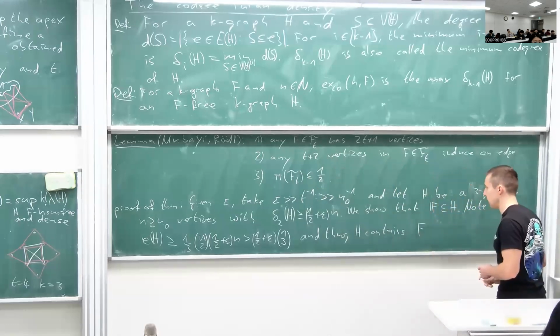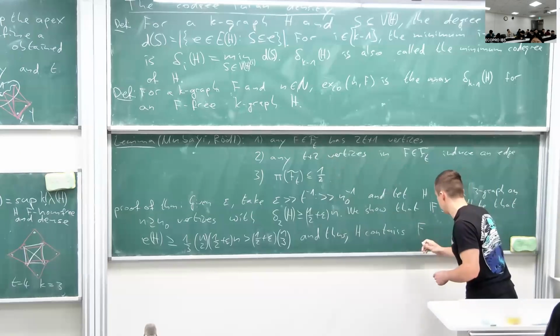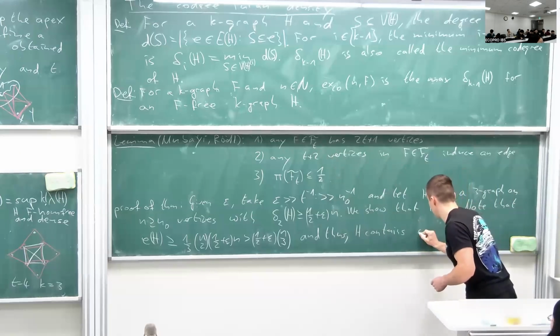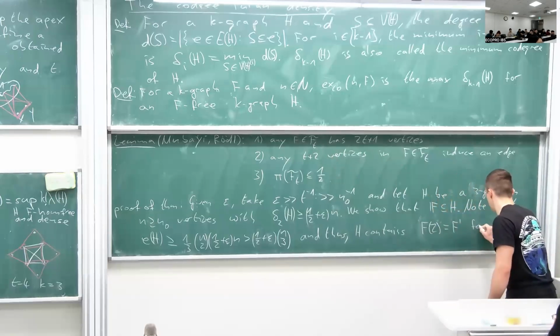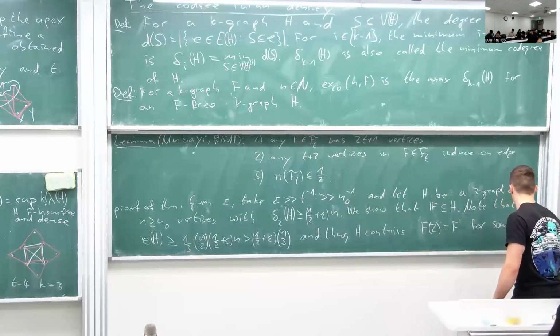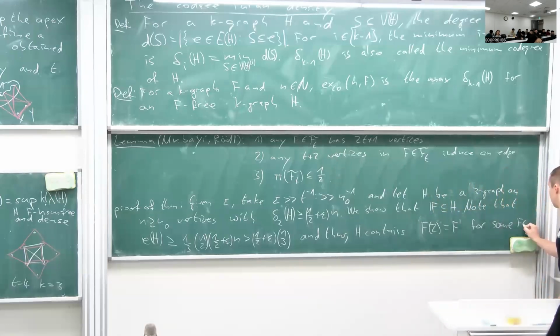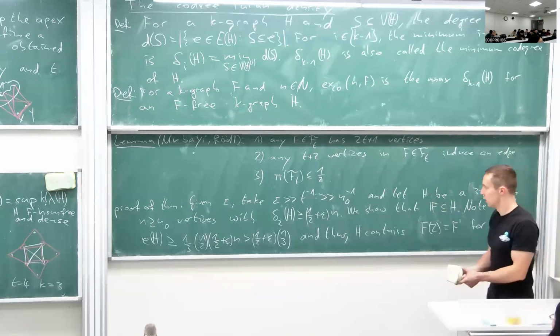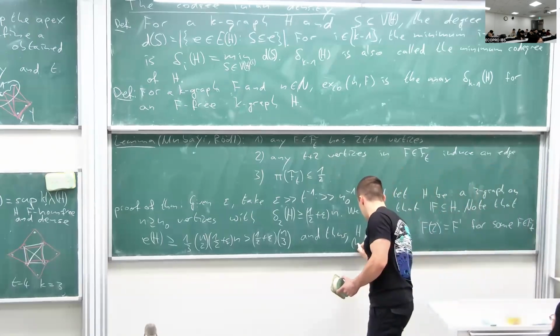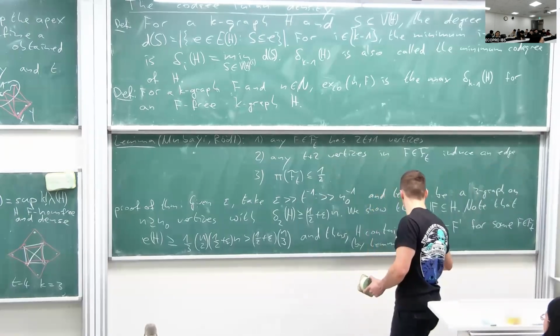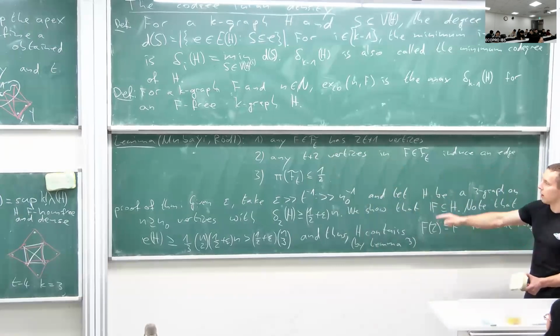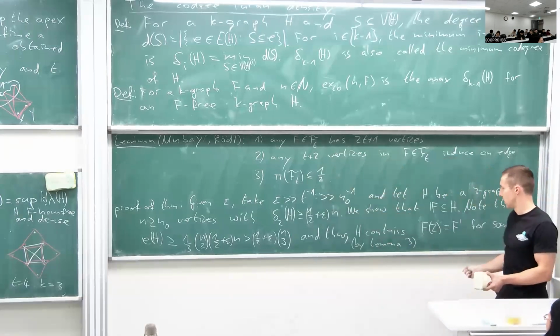Let's call this one F, or it's F2, which we then call F prime, for some F in our family Ft. This is by property 3 in the lemma, our Turán density of these families.